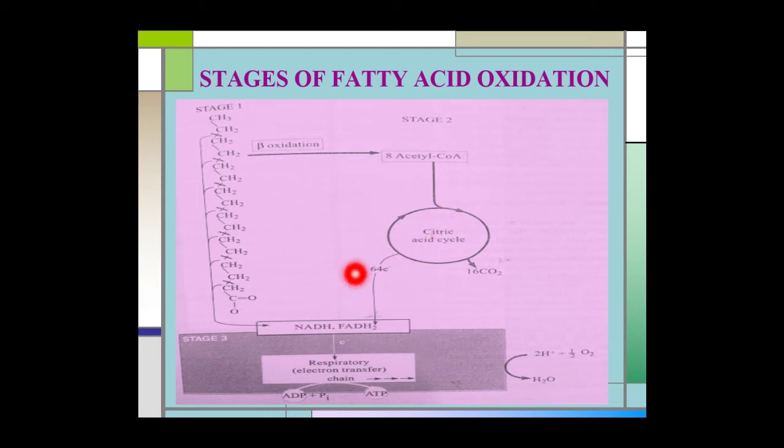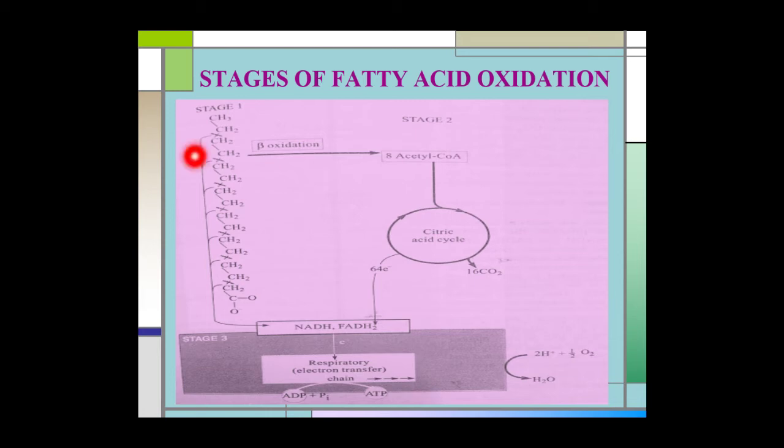In the third stage, which is the mitochondrial respiratory chain, the FADH2 and NADH produced in the first 2 stages donate electrons to the mitochondrial respiratory chain, through which electrons are carried to oxygen. Coupled to this flow is the phosphorylation of ADP to form ATP. Thus, energy released by the fatty acid oxidation is conserved in the form of ATP.